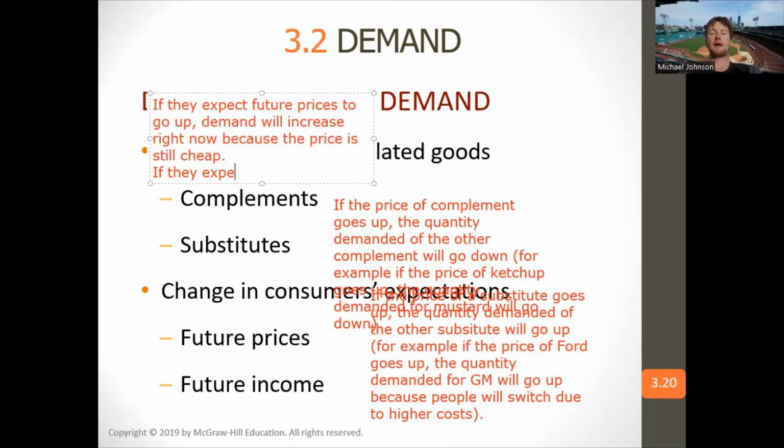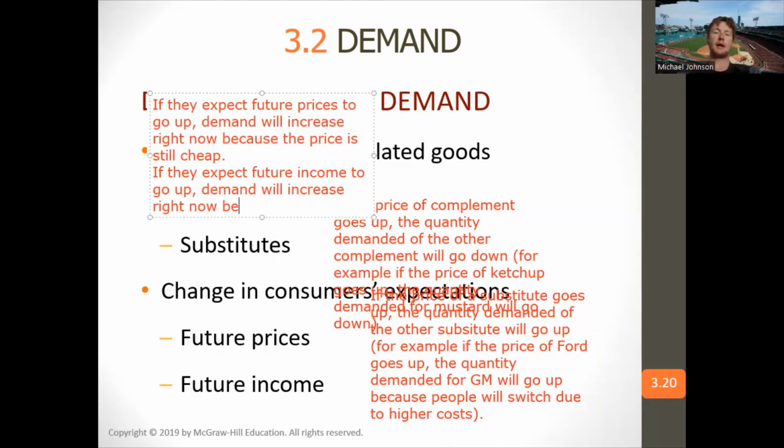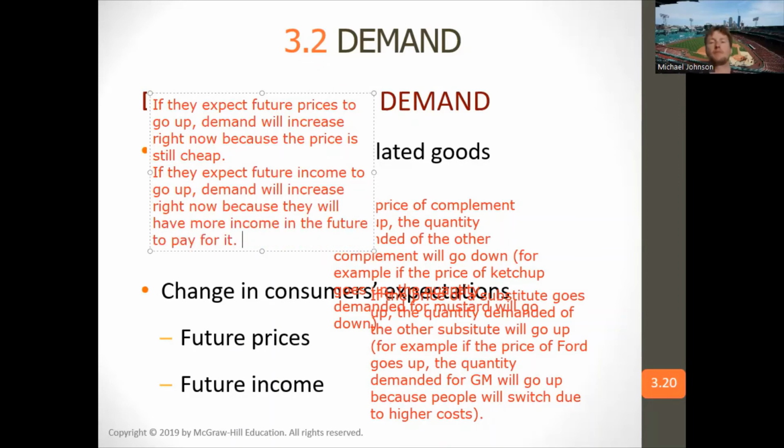And if they expect future income to go up, demand will increase right now because they will have more income in the future to pay for it.